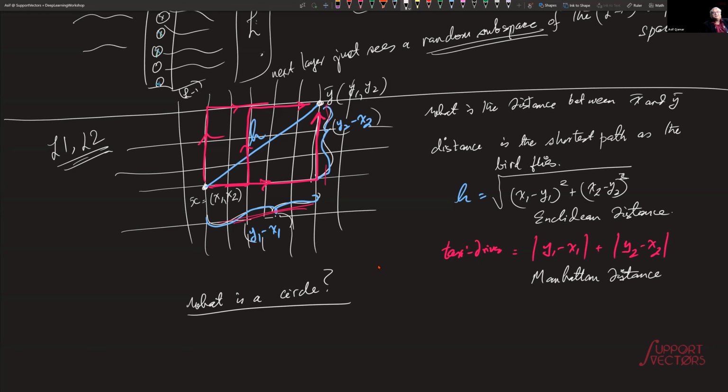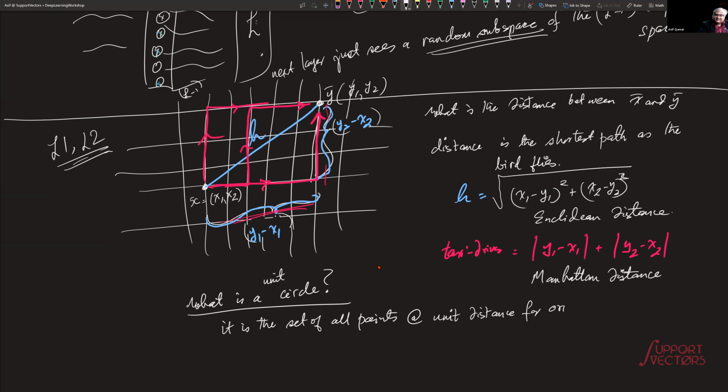So one definition of a circle that you would agree with is, let's say that you're making a circle around the origin. It is the set of all points at unit distance from the origin. So what is a unit circle, just say, right?